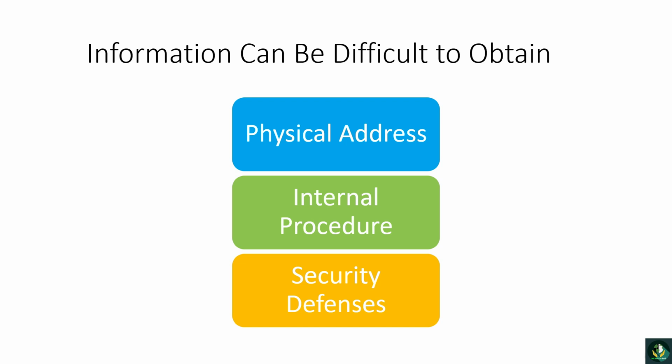Certain internal procedures can also be difficult to gather from the cloud provider, and they often don't want to disclose the information for a variety of reasons. Sometimes there is a competitive advantage in their particular processes. Other times they feel that they put some of their defenses at risk if people are able to discover how the procedures work. In fact, that's often the reason for not wanting to disclose certain security defenses.